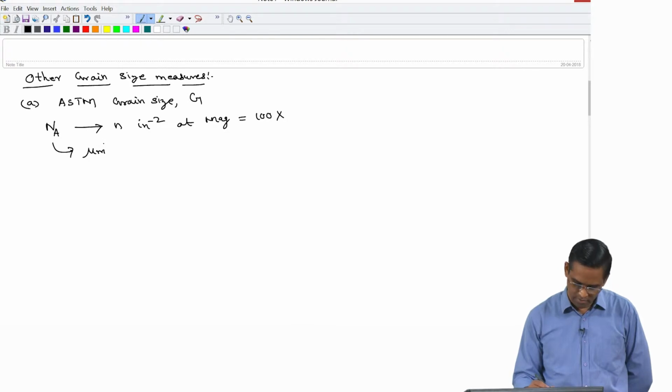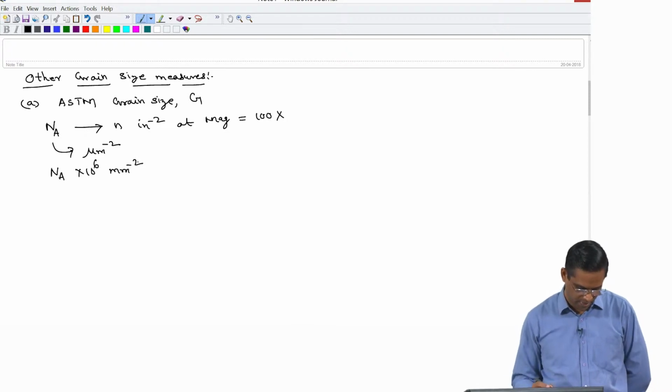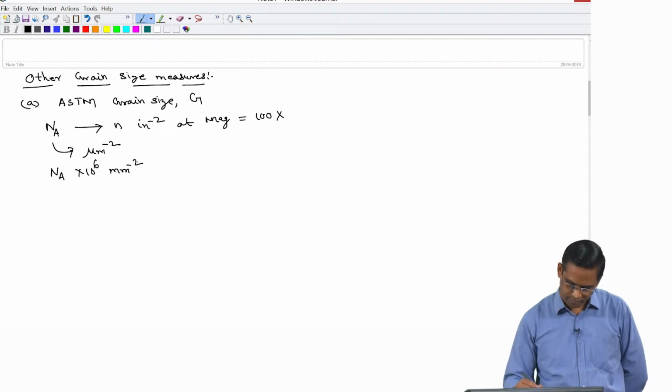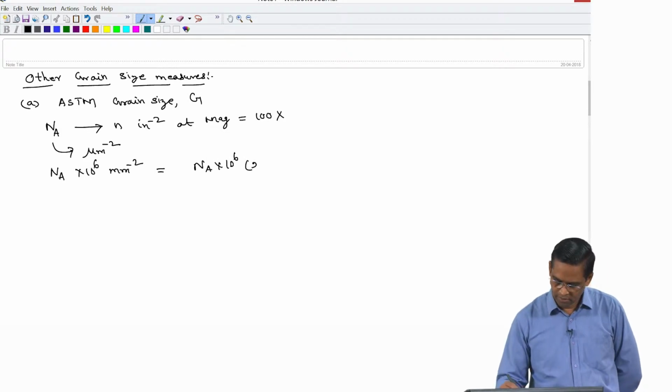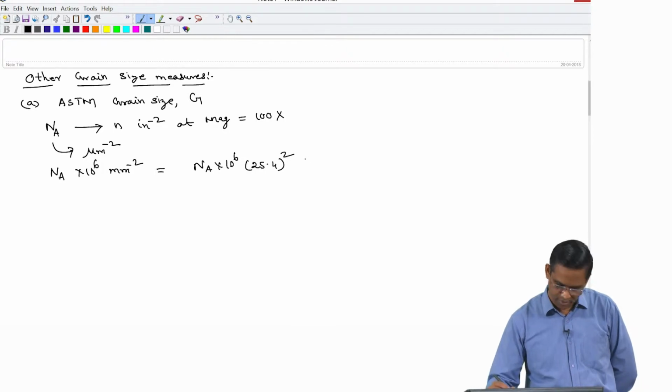micrometer also. So, then it becomes NA into 10 to the power 6 per mm square also we can represent. So, if you convert this into comfortable units, this is inch square, at 1x.